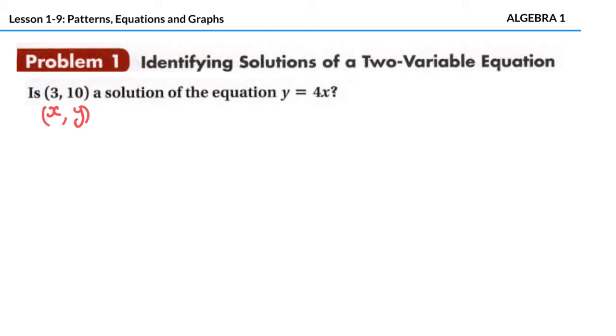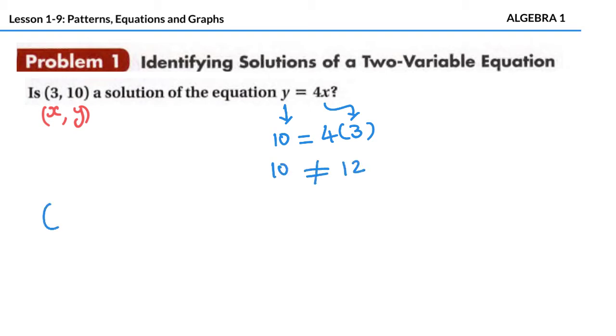Let's check that out. So we have x as 3 and y as 10. If I plug it in over here, 10 is equal to 4 times x, which is 3. So 10 is not equal to 12.